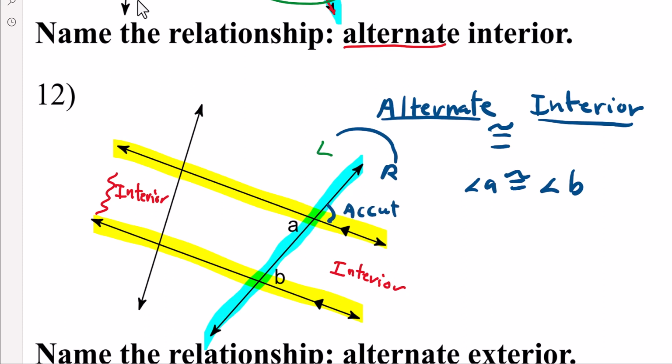All of the acute angles are congruent, so corresponding, alternate interior and vertical, and all of the obtuse angles.